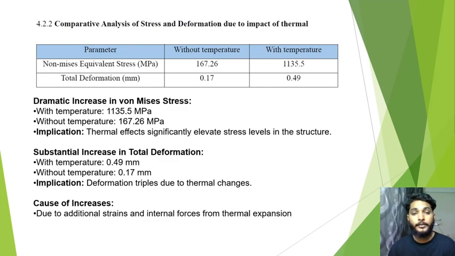The thermal effect significantly elevates the stress level in the structure. There is also a substantial increase in total deformation: with temperature it is 0.49 mm, without temperature it is 0.17 mm. This implies deformation triples due to thermal changes. The cause of the increase is the additional strain and force from the thermal expansion.